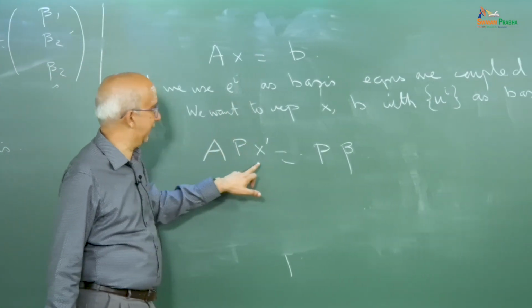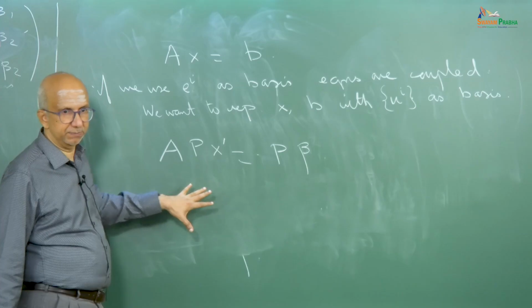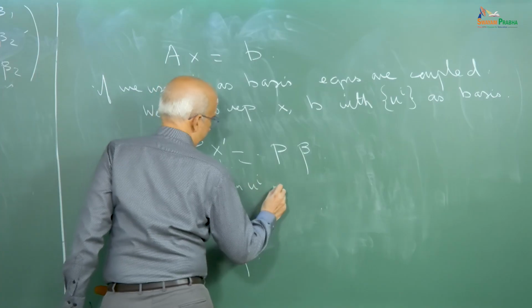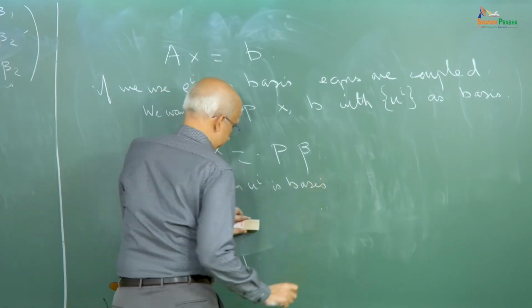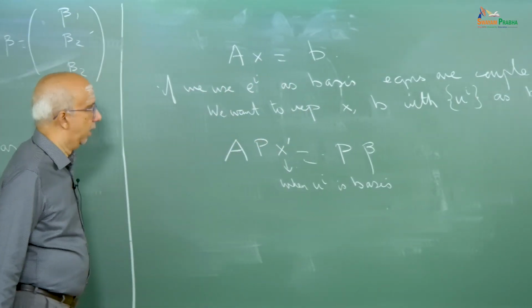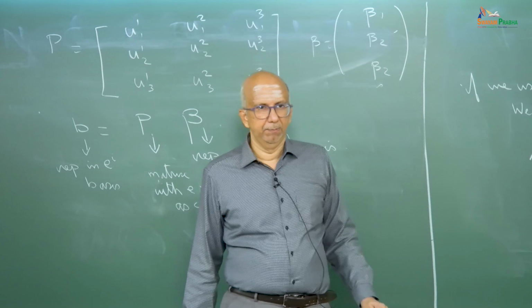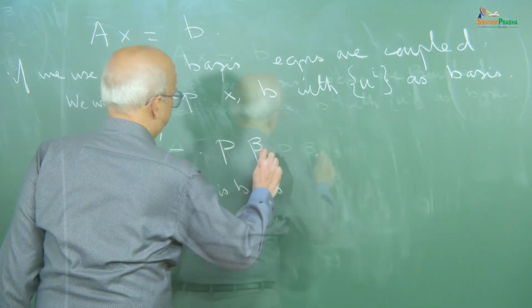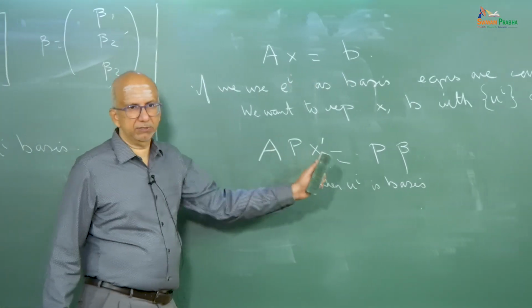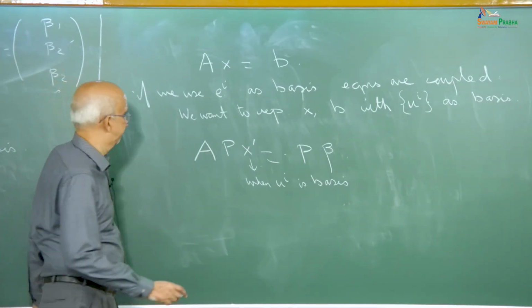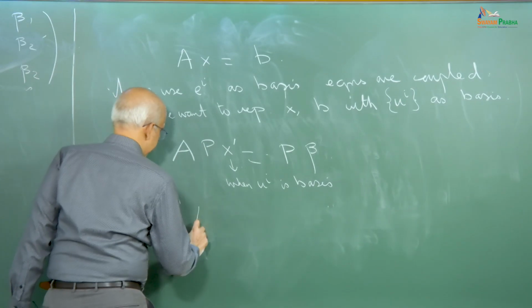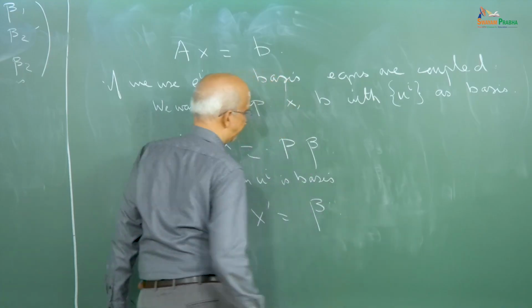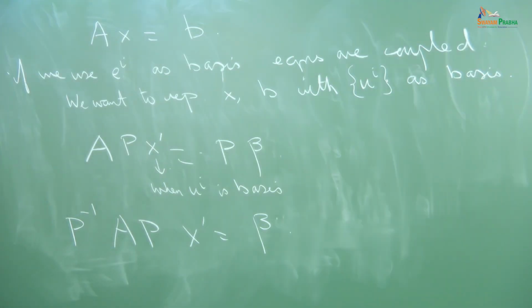So, this also I am writing as P times X dash when UI is the basis. Beta dash is also when UI is the basis. So, I am going to multiply both sides by P inverse. P inverse AP X dash is equal to beta, because P inverse P is I.